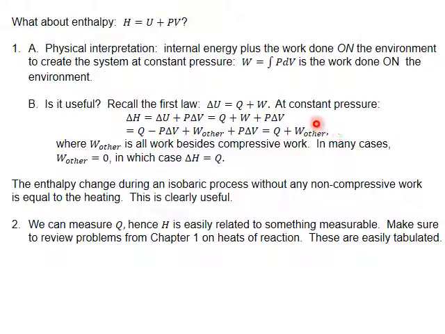And in many experimental situations, this term can be 0, in which case the enthalpy change is just equal to the heating. And this is very useful because heating is something we can measure. I can measure how much heat I've applied with my Bunsen burner. And therefore, we can keep track of this delta H during all sorts of types of reactions, particularly those that are isobaric, at constant pressure.